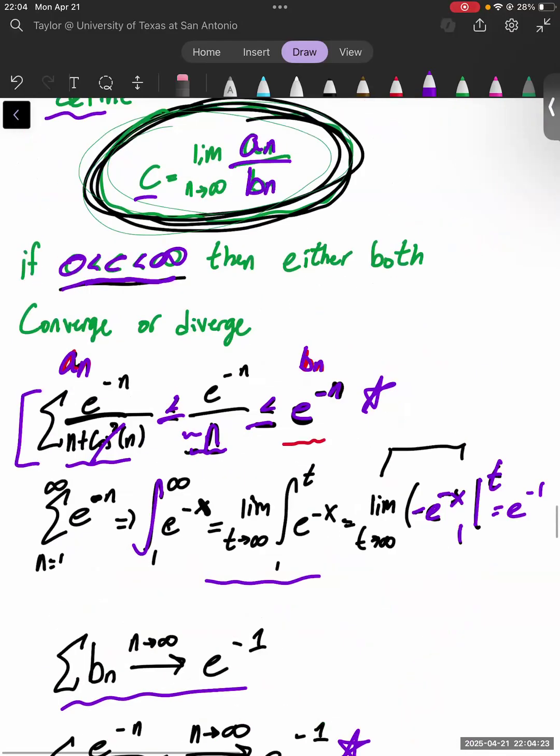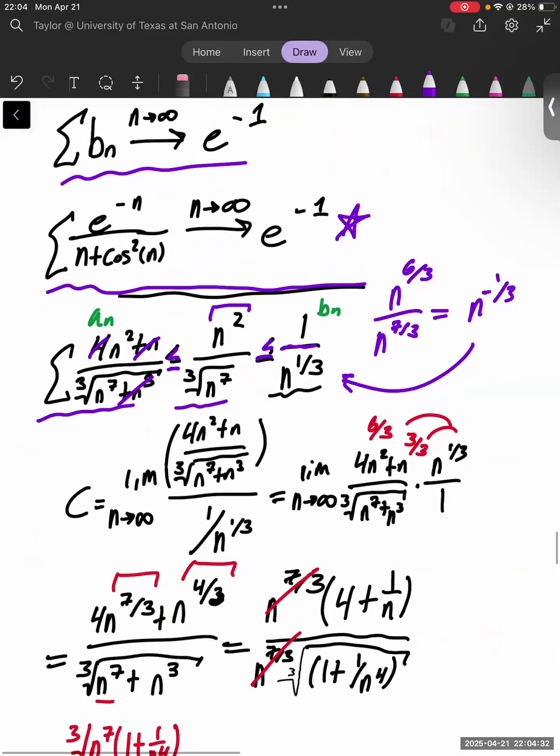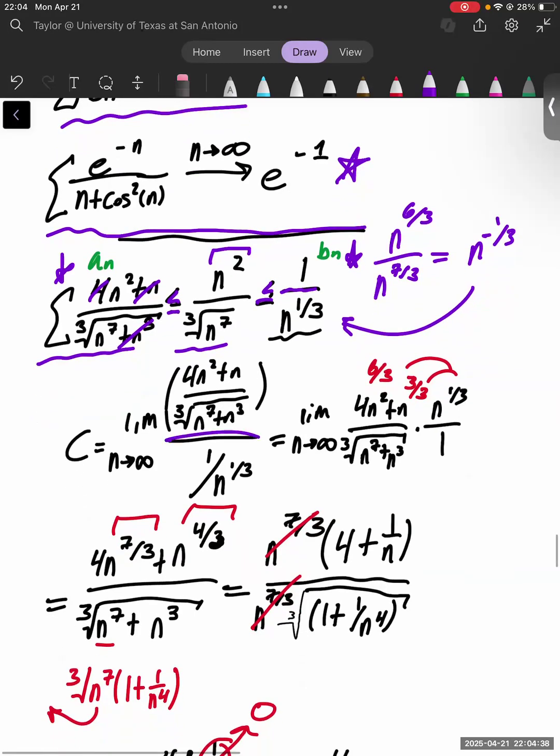And then if we remember back up here to our rule, we have an over bn right here. So if the original expression is my an, and my new expression is my bn, I'm going to divide the two. And then I'm going to rearrange it here.